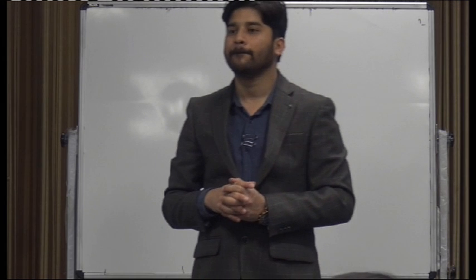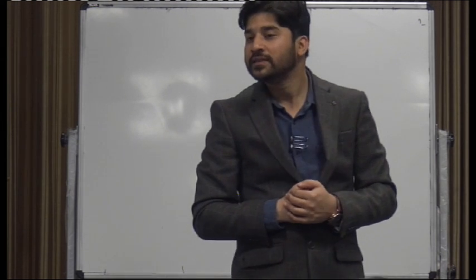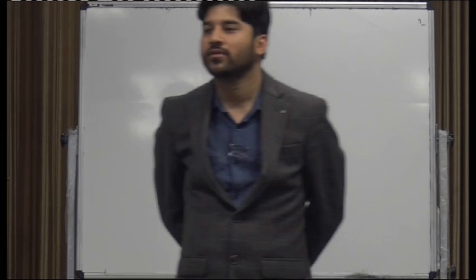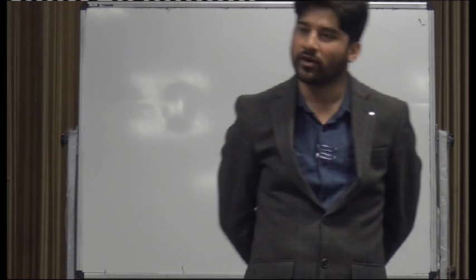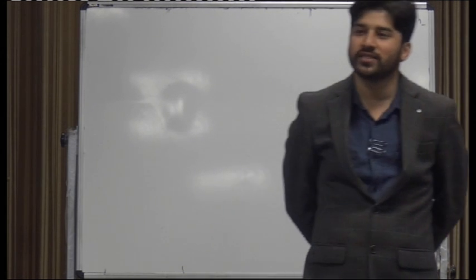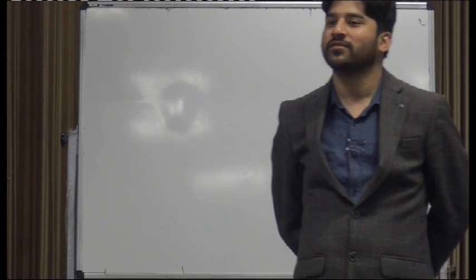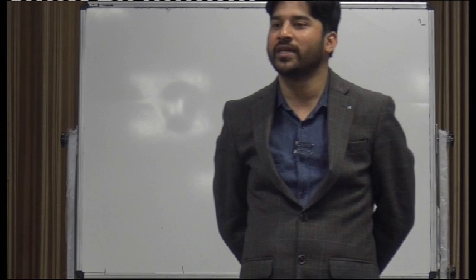The length of the chord square is (1 plus m square) into (x1 minus x2) whole square. Yes, that will give you the square of that. What is (x1 minus x2) whole square? How are you going to find (x1 minus x2) whole square?